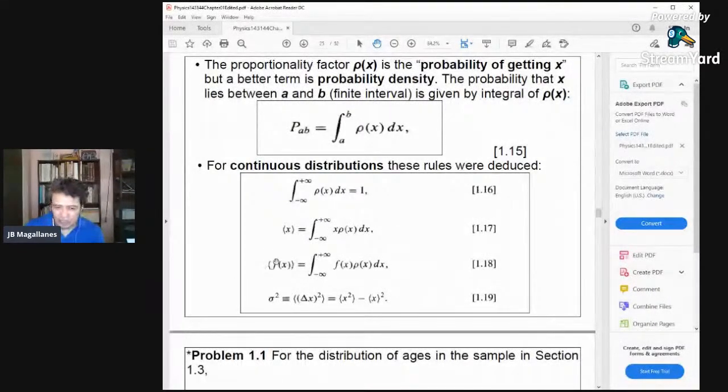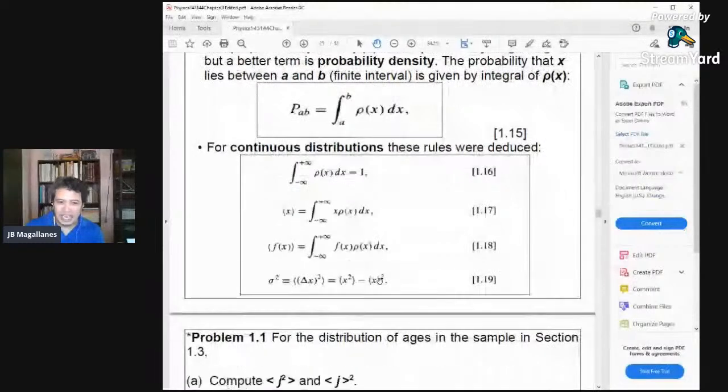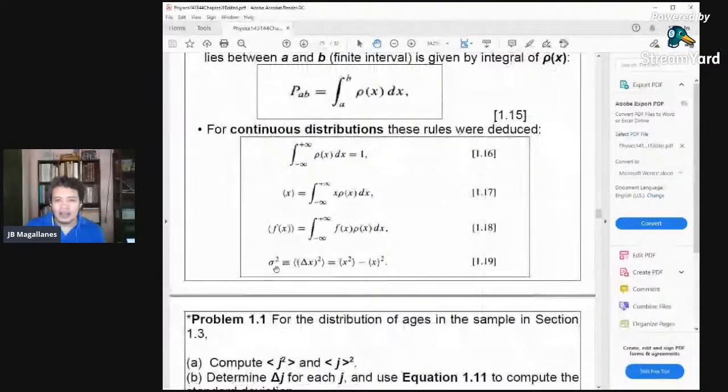That's the expectation value of f of x. And then you also have correspondingly the sigma square. This is just the average of x square minus the average squared. This is the average of the square. This is the square of the average.